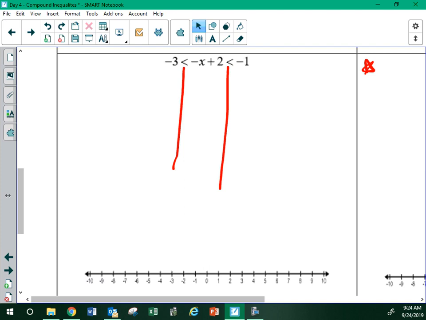Well, we're going to have to switch the sign, right? Because we divide by a negative. No, what's this sign? We have to switch that sign. Awesome.